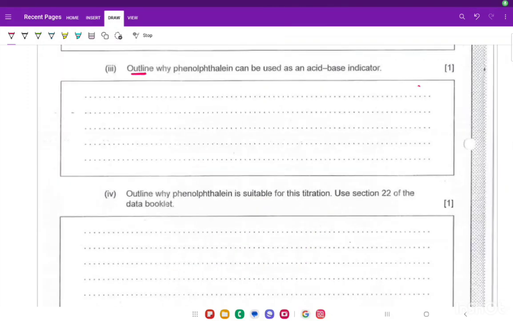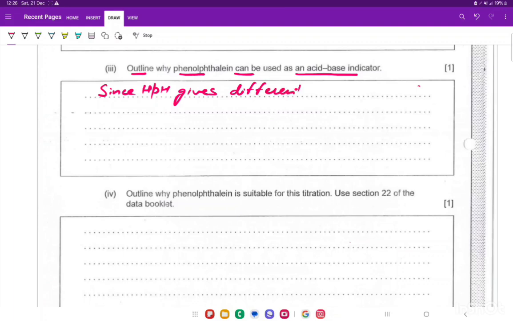Next question is, outline why phenolphthalein can be used as an acid-base indicator. The answer is that since HPh, which is phenolphthalein, gives different colors in acidic or basic medium, therefore it can be used as an acid-base indicator.